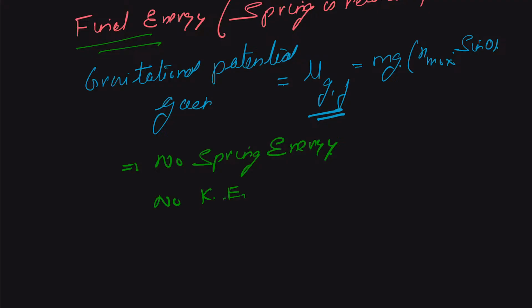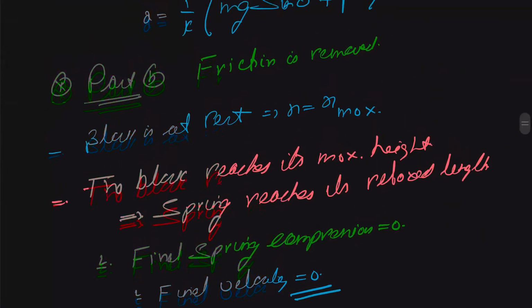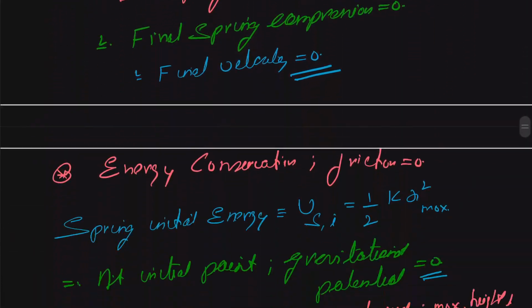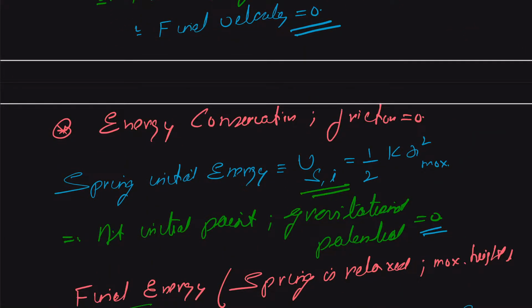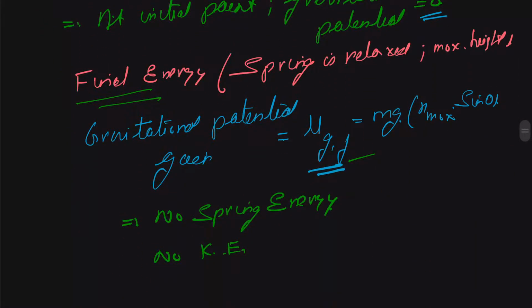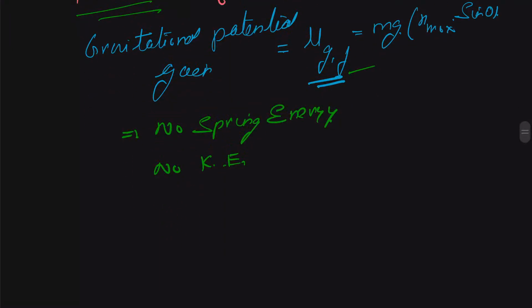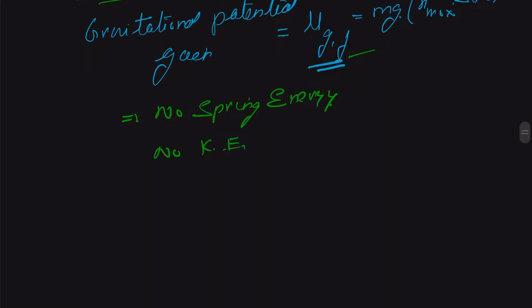So the only energy possible at maximum height is the gravitational potential energy. Initially we had the energy USI, so USI will be equal to UGF. This is basically our energy conservation.